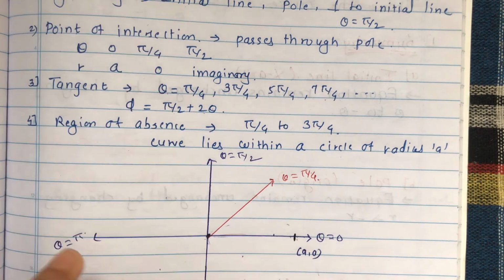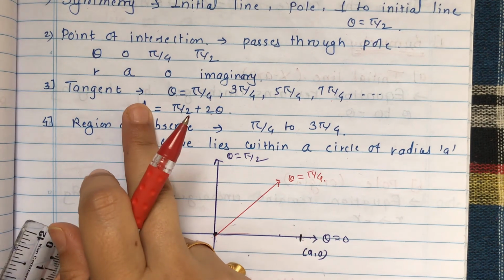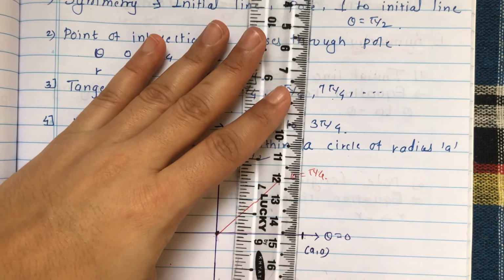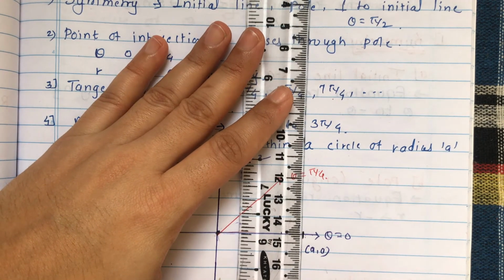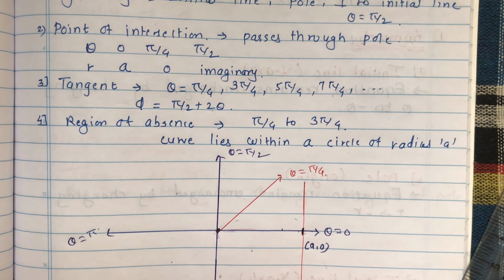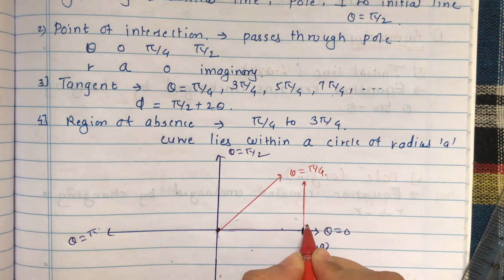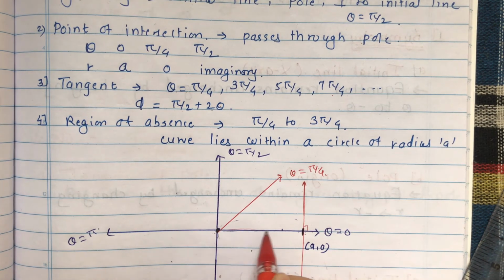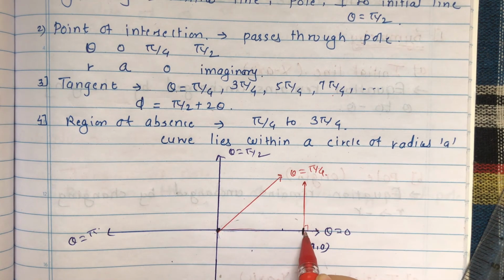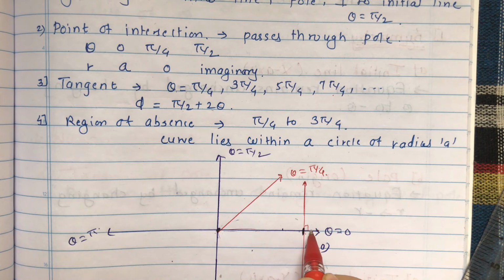So the tangent will be what? This phi is the angle between radius vector and tangent line. So this tangent line must be parallel to this y axis, right? You can see this angle. This is the radius vector and this will be the tangent, and this will be an angle of 90 degrees, right? So this will be a tangent.